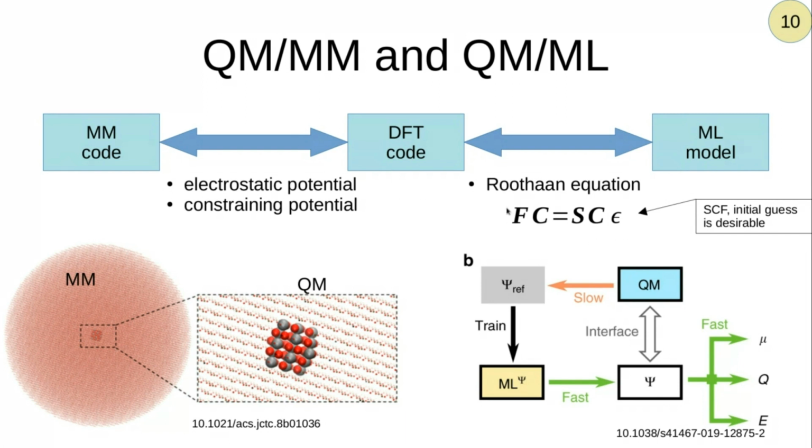Essentially, it looks like a generalized eigenproblem, but the problematic part here is that the left-hand side matrix F depends on the eigenvectors themselves. Therefore, this equation has to be solved in a self-consistent manner, and so an initial guess of the solution is desirable. It may reduce the amount of computational effort drastically. Therefore, there is a bunch of papers that develop machine learning models for that purpose.